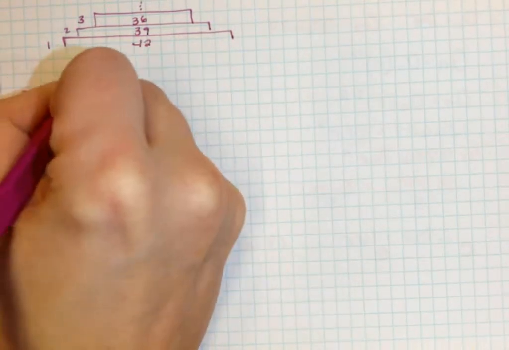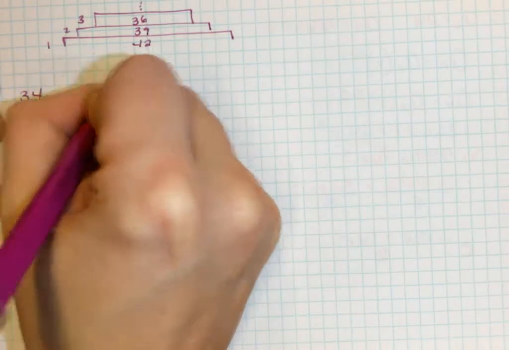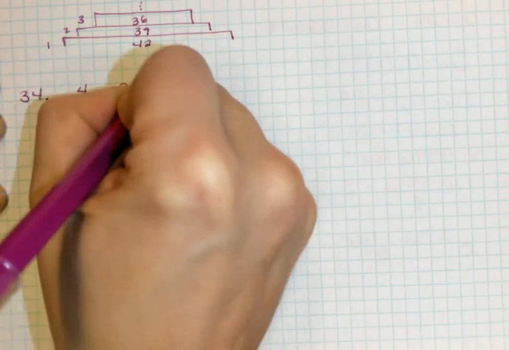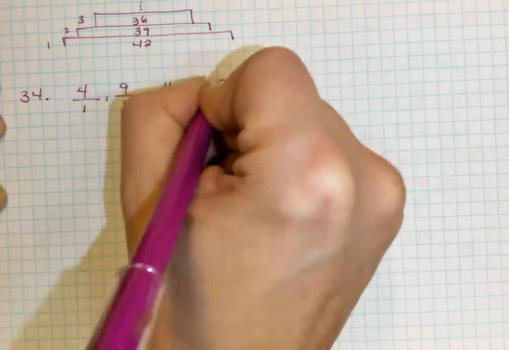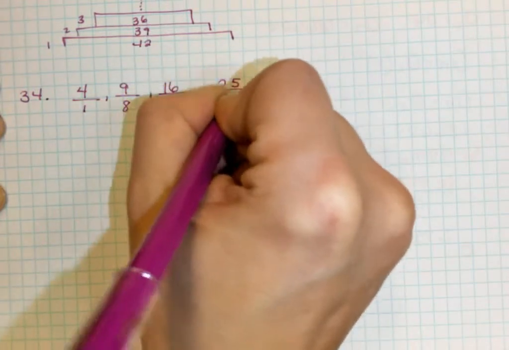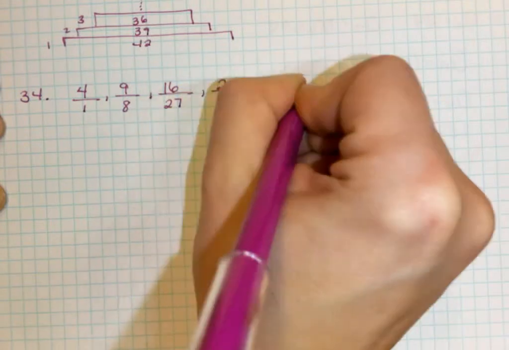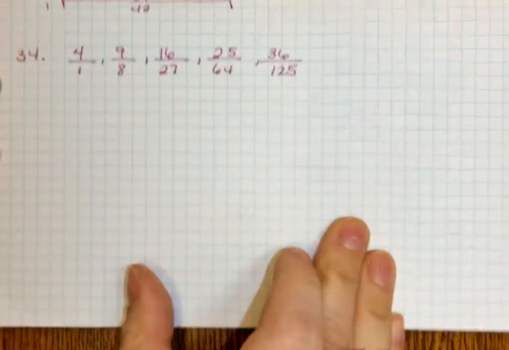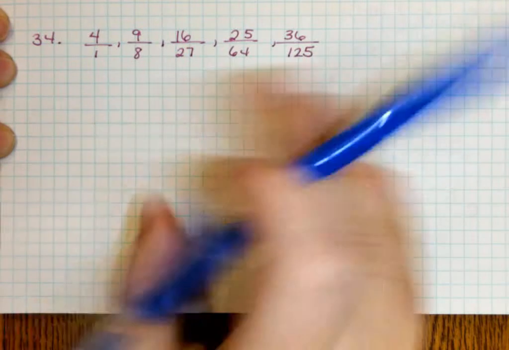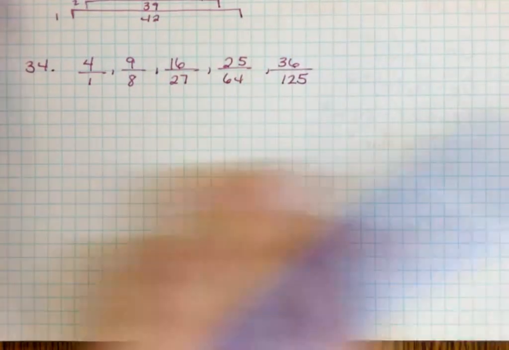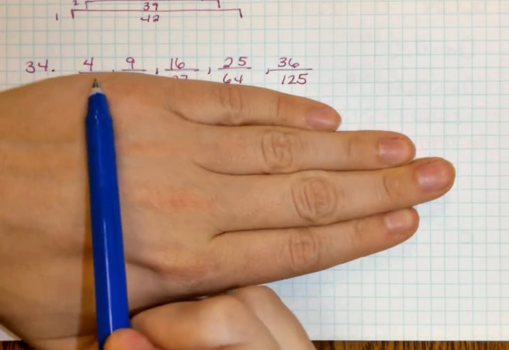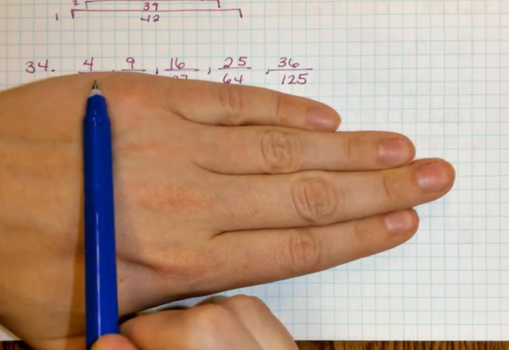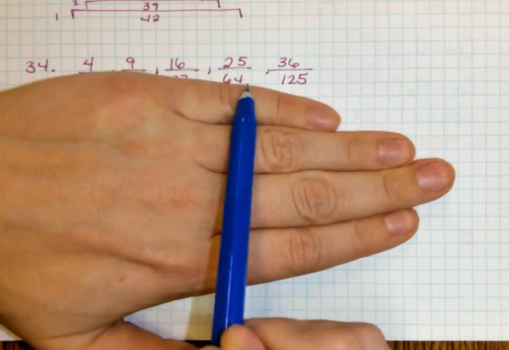34 gives me 4 over 1, 9 over 8, 16 over 27, 25 over 64, 36 over 125, and we're trying to write that in sigma notation. Just start with one of them. Let's look at the top. How can I get 4 and 9 and 16, 25, 36?